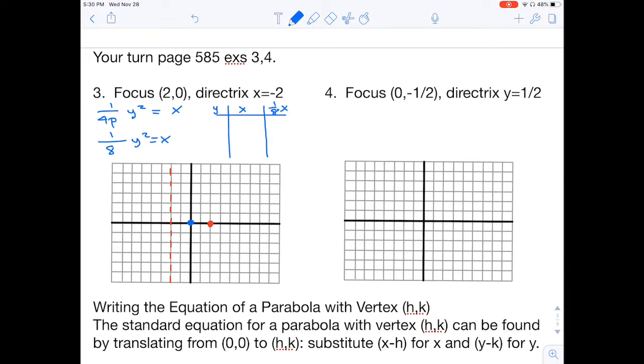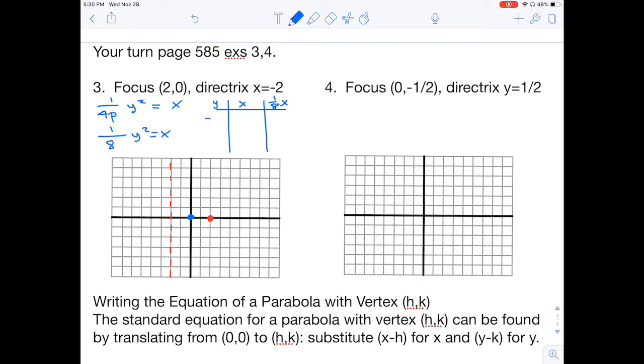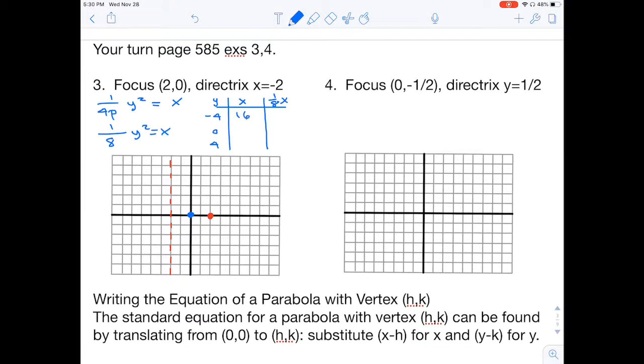Okay, so let's see what we got here. I'm going to plug in my normal values, so -4, 0, 4. Squaring those for my normal parent values, I get 16, 0, 16. Taking 1/8 of those, I get 2, 0, 2. So the graph is going to look like this.